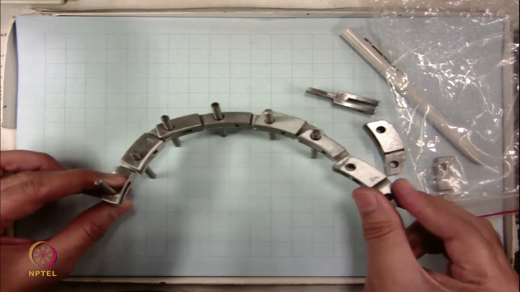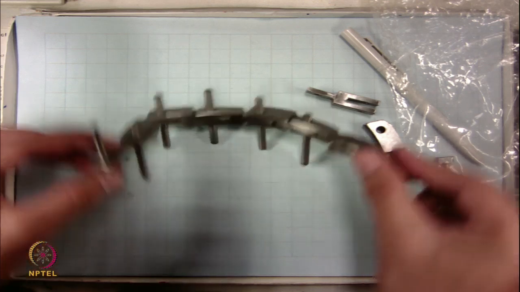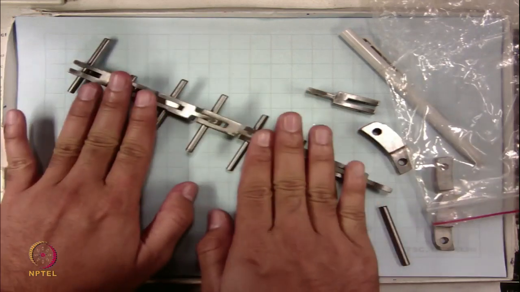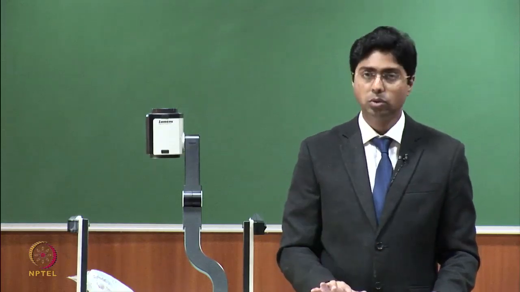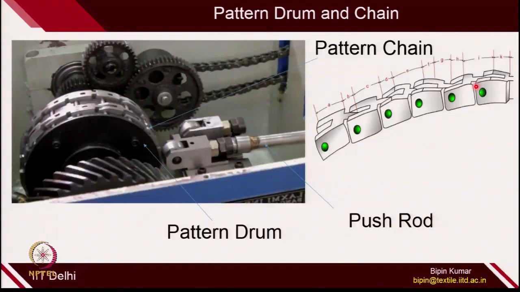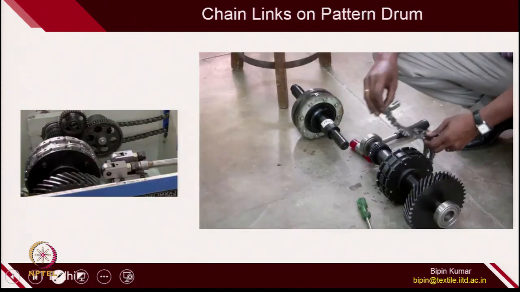Once the chain link is developed for a particular fabric, then we can fix this chain link on the pattern drum for the shogging motion of the guide bar. So, once you design this chain depending on a particular fabric, you can fix it on the drum.